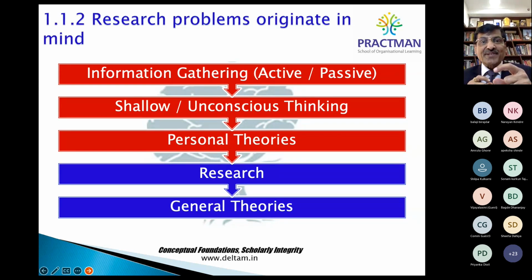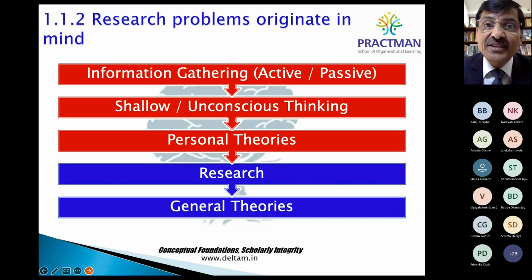You connect these dots, and this connection of dots is a kind of shallow thinking that you have performed, and you create a theory. This theory is an explanation of a phenomenon. You are explaining to yourself that salespeople are generally talkative, extrovert, and have very low inhibitions. This is a personal theory which you have created in your mind.